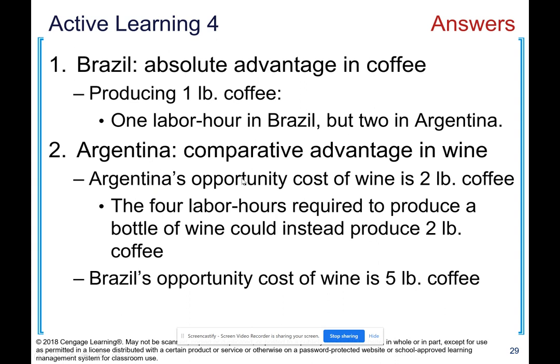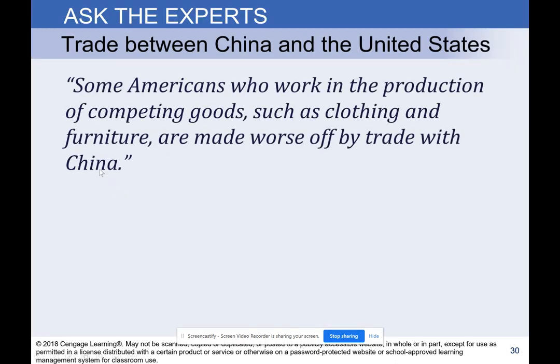Argentina has comparative advantage in wine. Argentina's opportunity cost of wine is 2 pounds of coffee. The 4 labor hours required to produce a bottle of wine could instead produce 2 pounds of coffee. Brazil's opportunity cost of wine is 5 pounds of coffee.